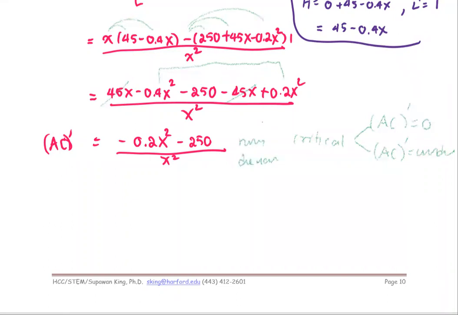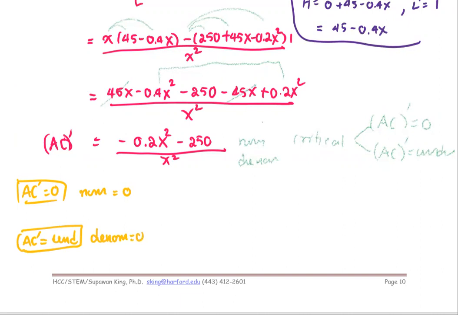To consider the case that the derivative is zero, I'm going to let the numerator equal zero. For the case that the derivative is undefined, I'm going to let the denominator be zero. For the first case, the numerator is negative 0.2x squared minus 250.